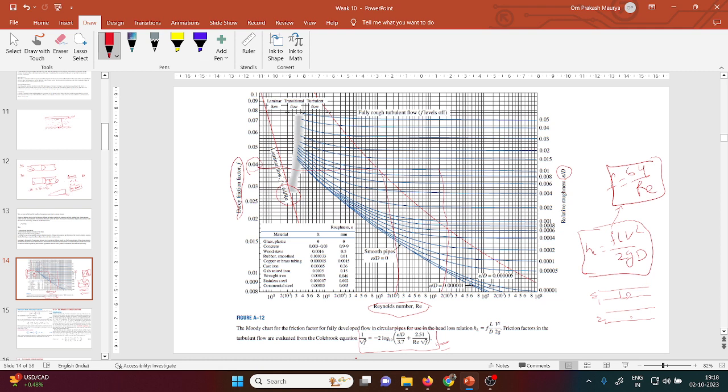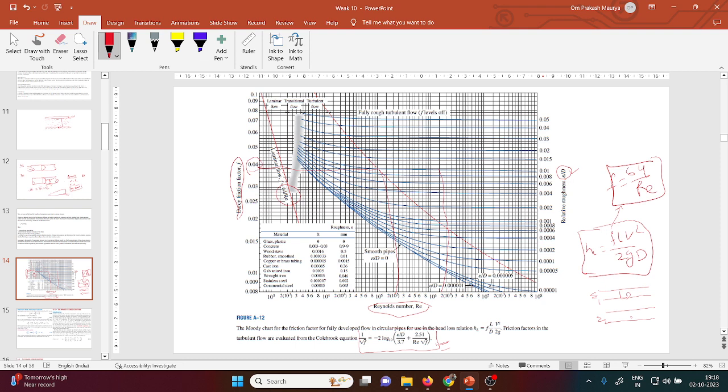In the case of fully rough turbulent flow, there is no dependency of the friction factor on the Reynolds number. It only depends on the relative roughness, which type of material you are going to use.